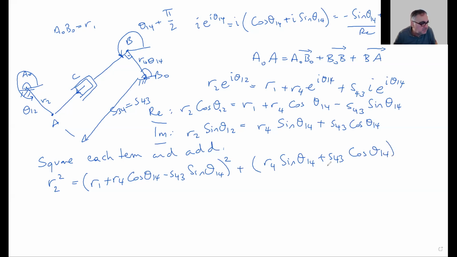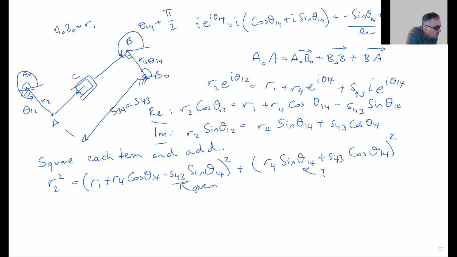Now, as you see, in this equation, what is unknown? S43 is given. Okay, this was given. Theta 1,4 is unknown. We have to solve for it. So there is only one unknown here, but unfortunately the equation is very, very complicated.